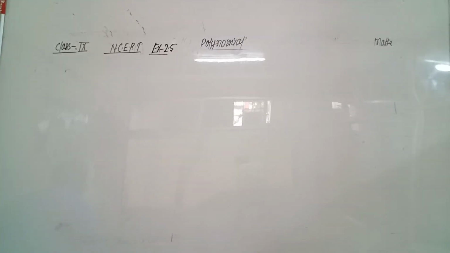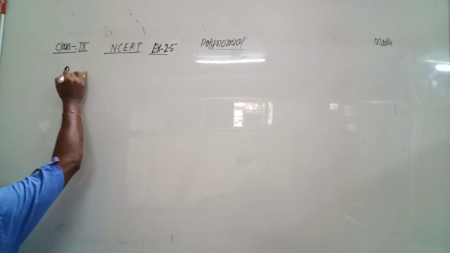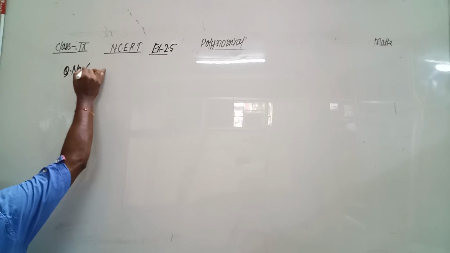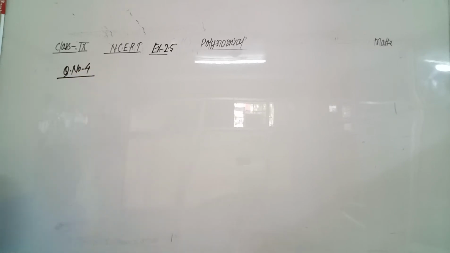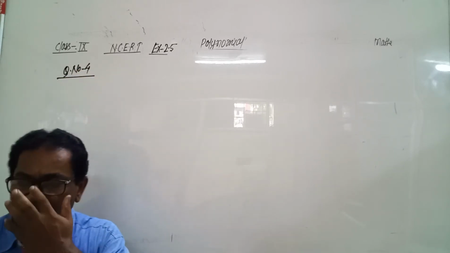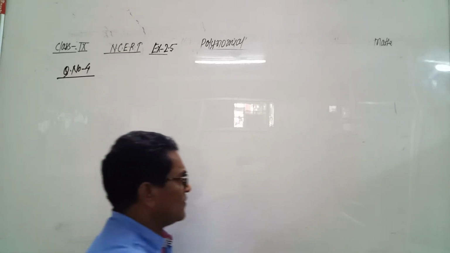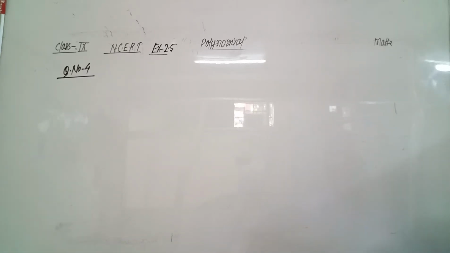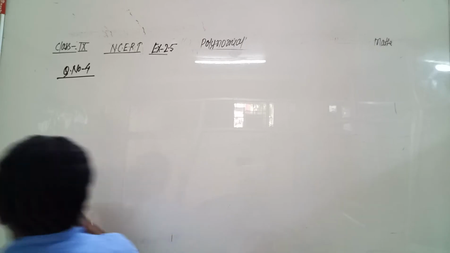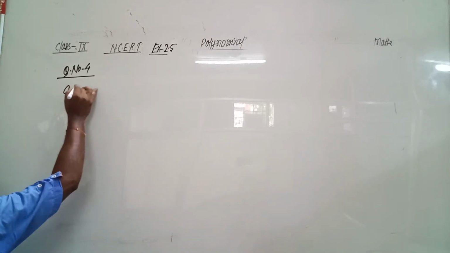Now for question number 4. In each part of question number 4, we use only one form, and that is a plus b plus c the whole square.